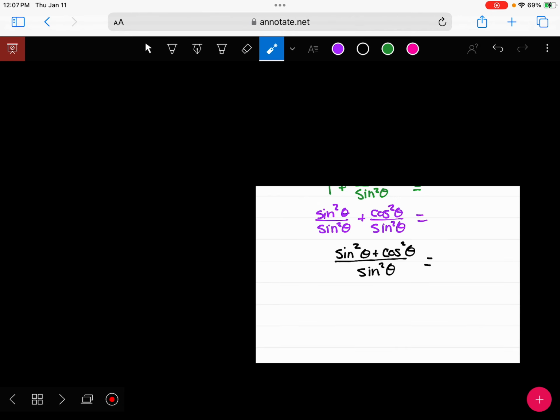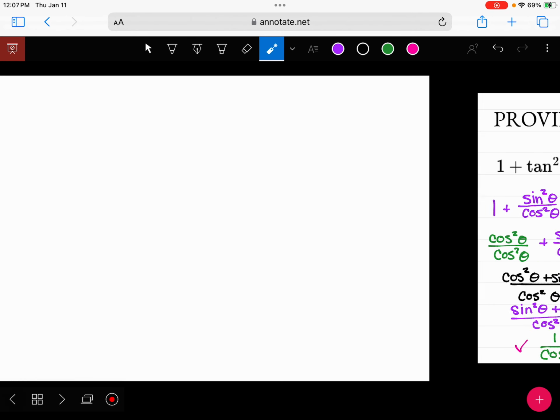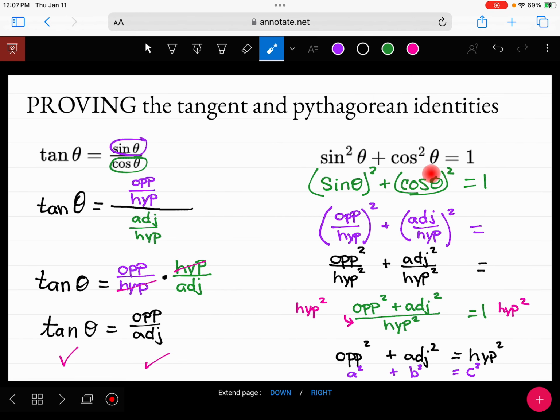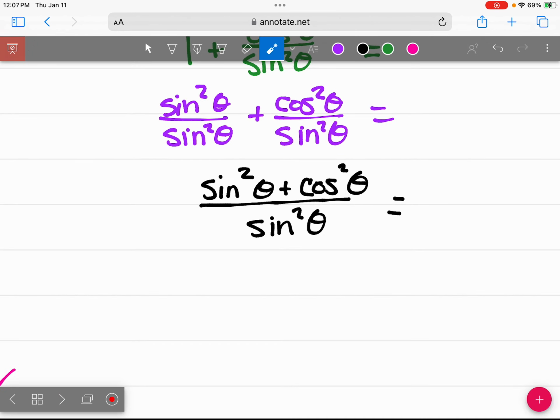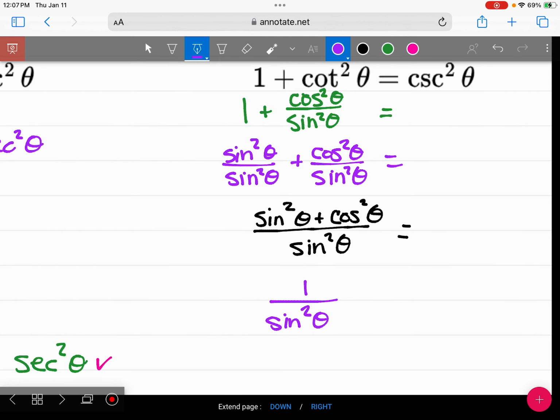That was the identity that we proved over here. So we can rewrite this as 1 over sine squared theta, and that actually does equal cosecant squared.